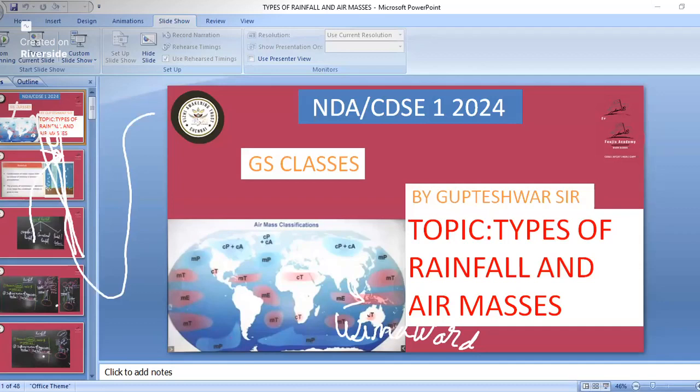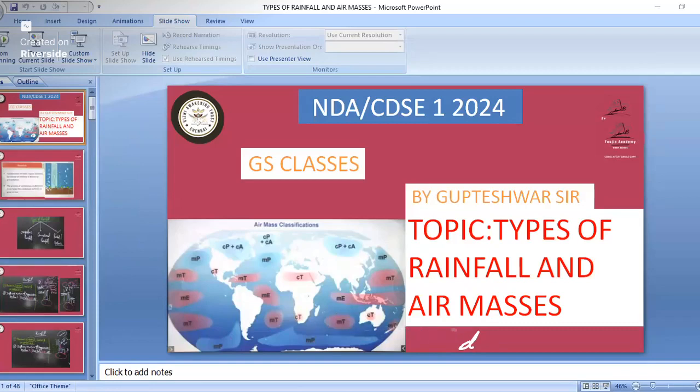Because of that, in the windward side we have the rainfall. That is known as the orographic rainfall. So what you should remember in this application is how we are having rainfall in the monsoon area in the Western Ghats, and that is due to the windward side of mountains.